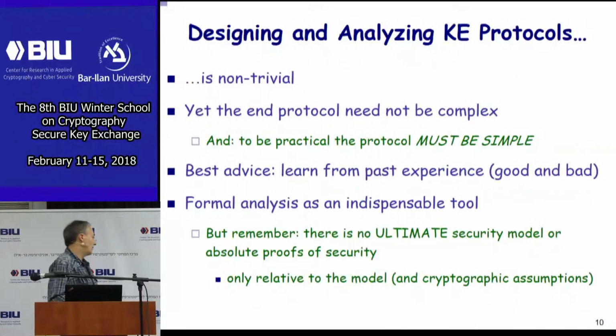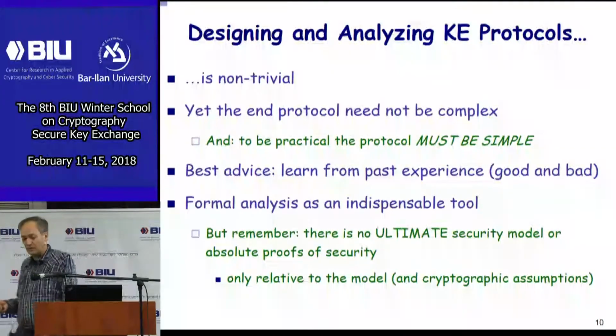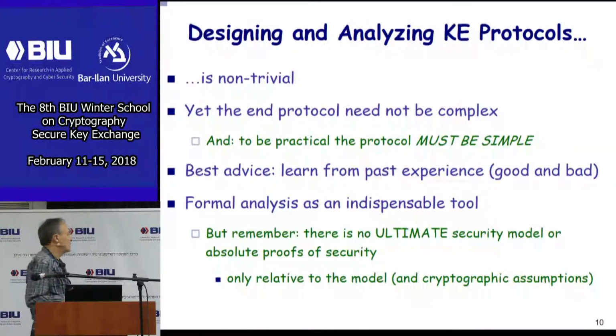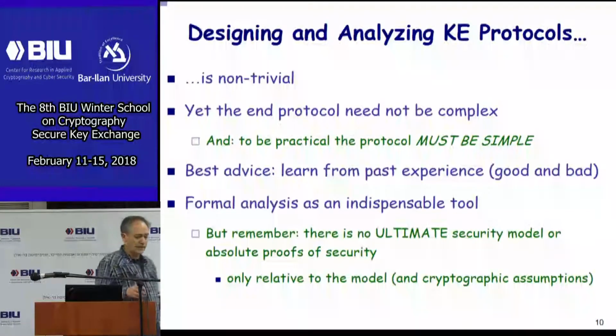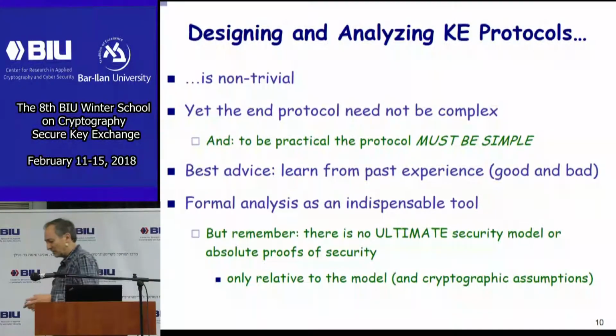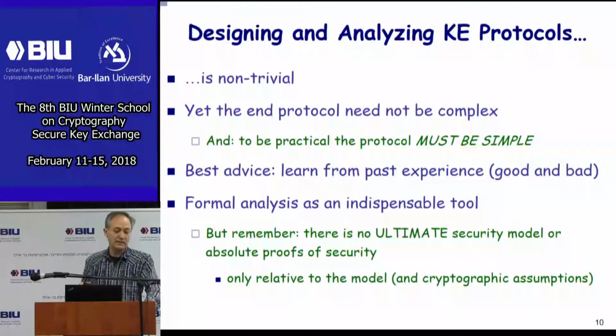Now, I guess that you all have some background in cryptography, but formal analysis is an indispensable tool in cryptography, and that needs to be remembered. There is no value to crypto that doesn't have a good analysis behind it.